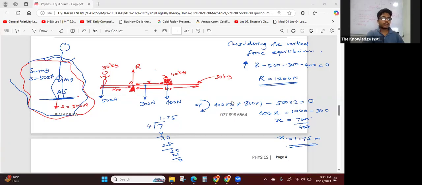Three hundred into 1. Yes. Hold on. So 2 plus 6, 8. So 8 divided by 2, 4. Therefore here it has to be 2 meter. Yes, 300 into 2. Okay, thank you for that. So here 300 into 2 should be there.